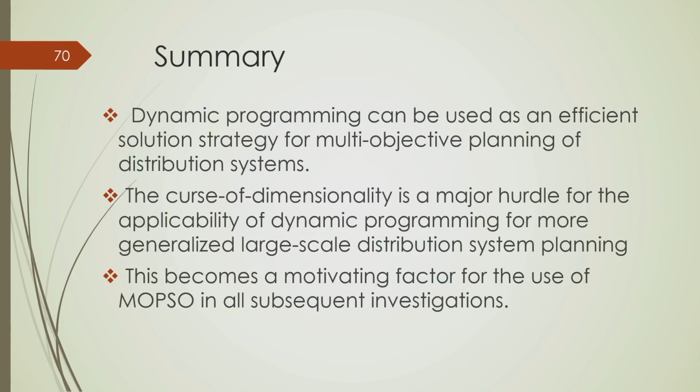So, in summary, dynamic programming can be used as a viable alternative for solving this multi-objective optimization problem, but it suffers from the curse of dimensionality. Performance-wise it provides solutions which are somewhat better than the metaheuristic approaches.